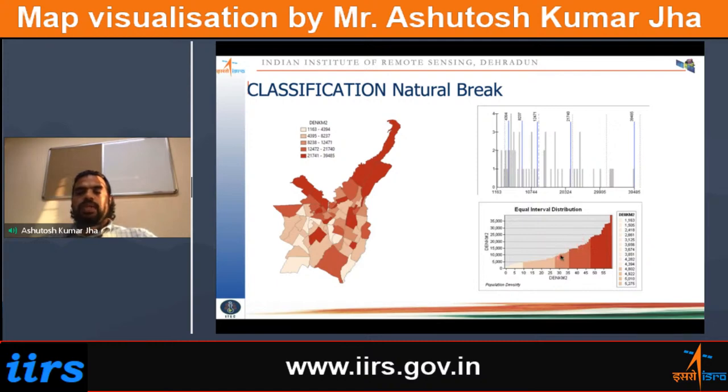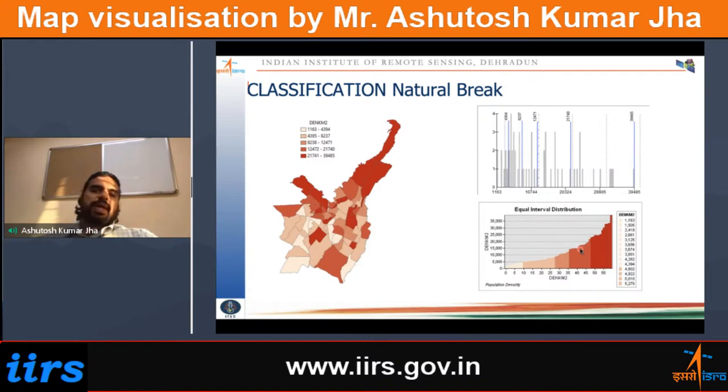The values in the neighboring groups will be different. So the histogram for a particular group will be different from the histogram of the other group, and this is called natural breaks.